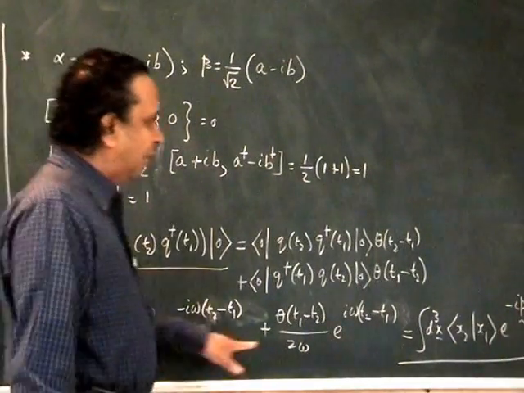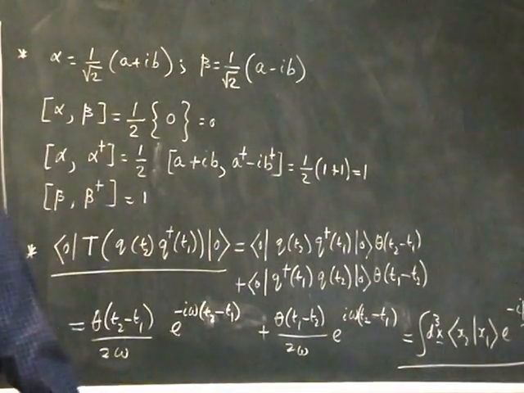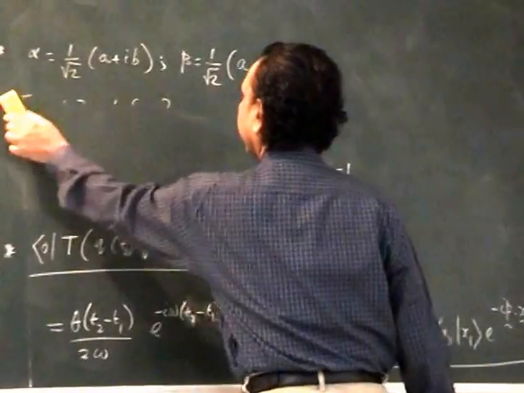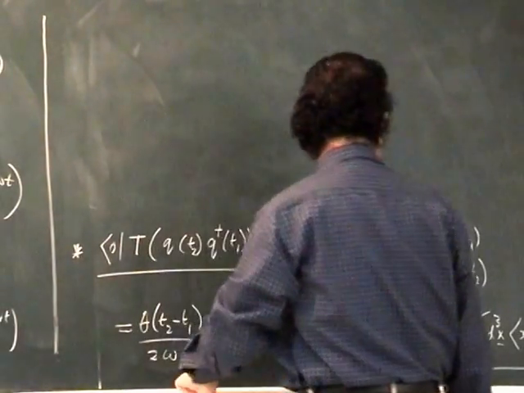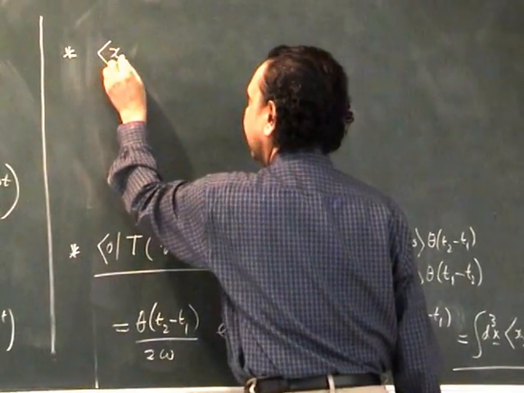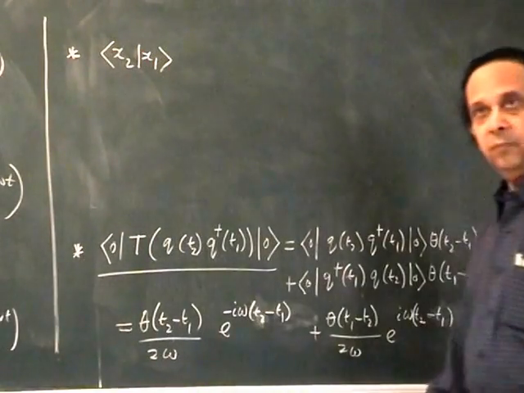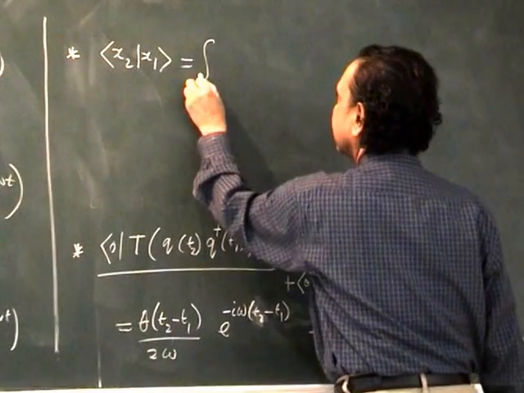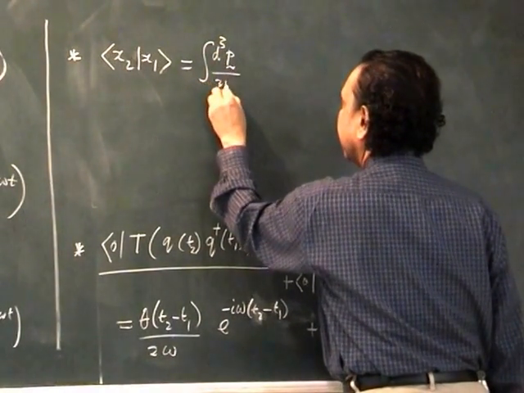Okay, so you have this expression, and now let us reverse it. I need more space. Here we will write x2, x1 as the integral over dp over 2 pi equal to 2.